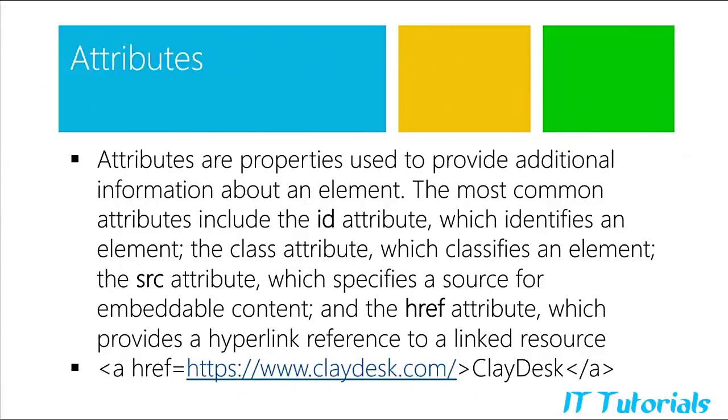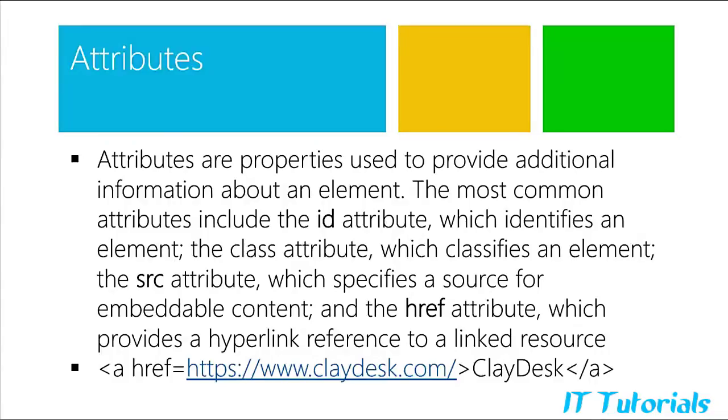And then the third term is attributes. Attributes are properties used to provide additional information about an element. So for instance, the most common attributes include the ID attribute, which simply identifies an element, the class attribute, which classifies an element, or the SRC attribute, which specifies a source for embeddable content, such as when we insert images onto our web page, the HTML used will contain the SRC attribute.